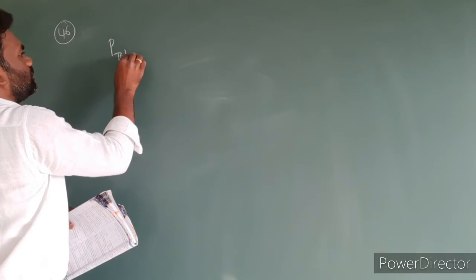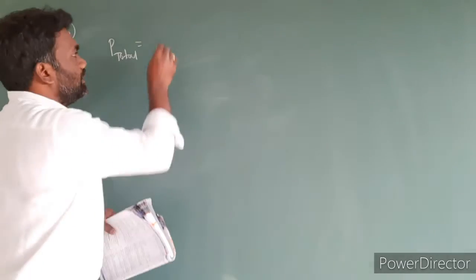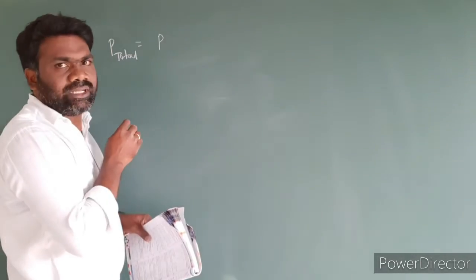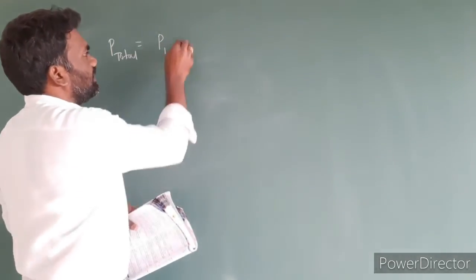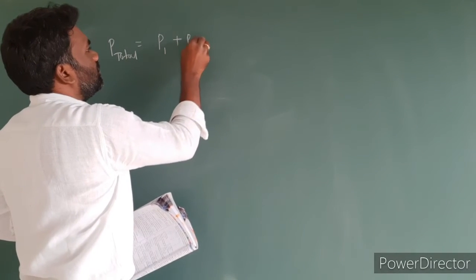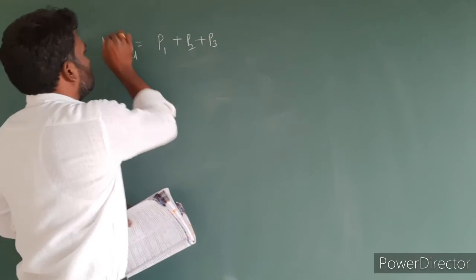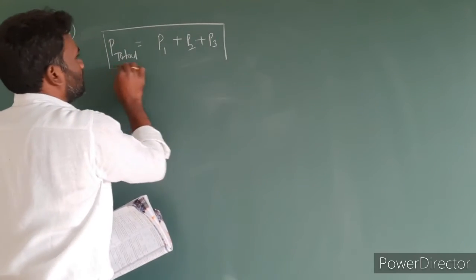Already we know very well that total pressure is equal to the sum of the partial pressures of individual gases present in a mixture. So if there are three gases, P1 plus P2 plus P3. So this is Dalton's law of partial pressure.